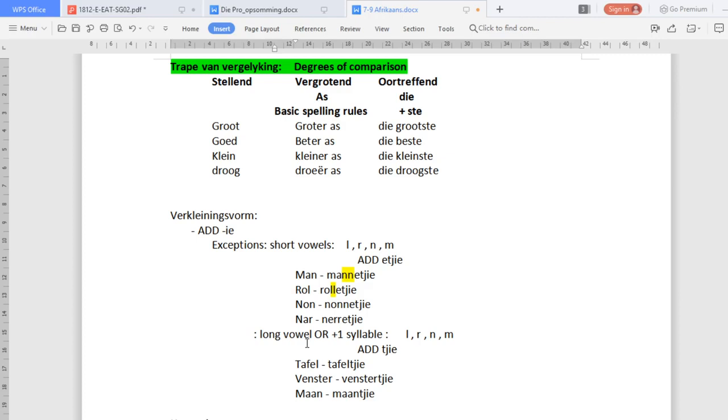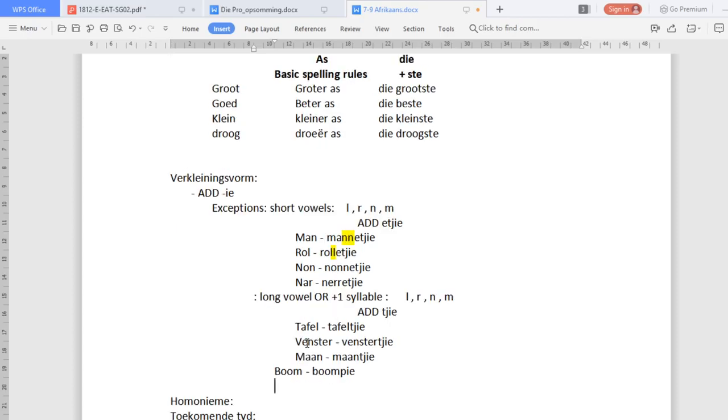But now let's look at M. M is now slightly different than the rest. M, if we say boom, then it becomes boompie. Let's do another. Oompie. Okay. Now I'm going to add another one here with the short vowels.